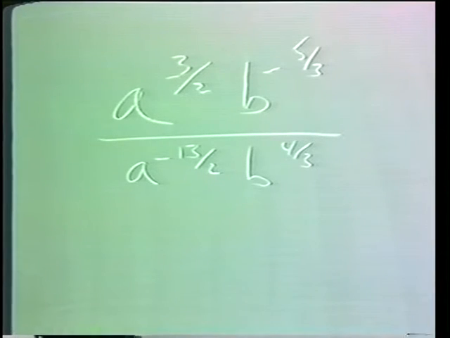The last one, negative 13 over 2. B to the 4/3. Thirds.